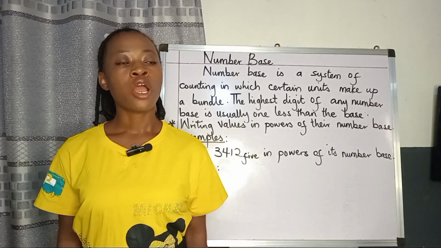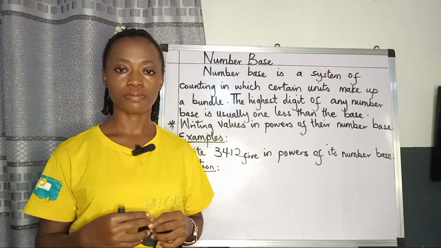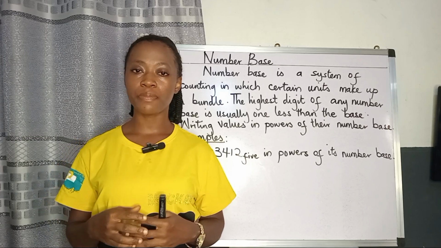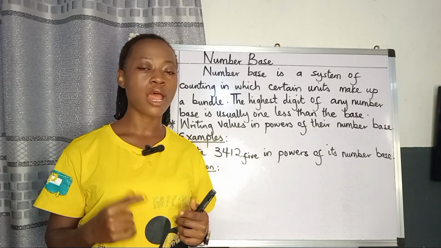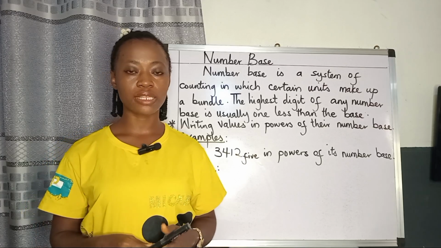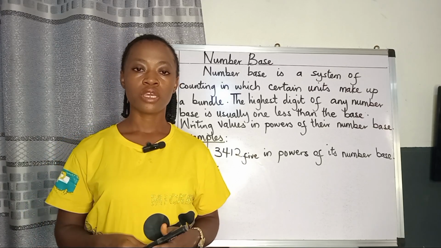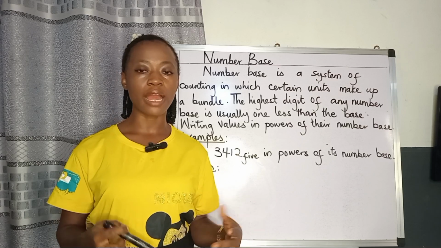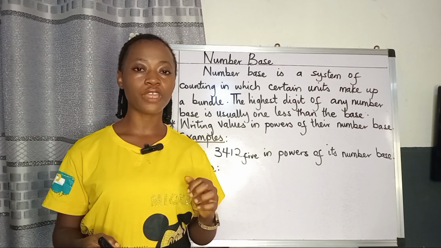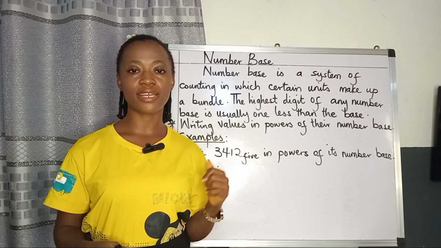Now, the highest digit of every number base is usually 1 less than that base. What I'm trying to say is, if you're asked to list out the digits of base 2, the digits will be 0 and 1. It won't get to 2, because the highest digit of every number base is usually 1 less than the base.